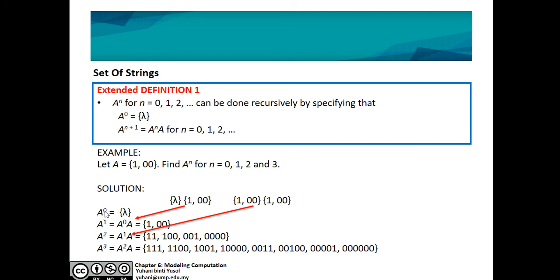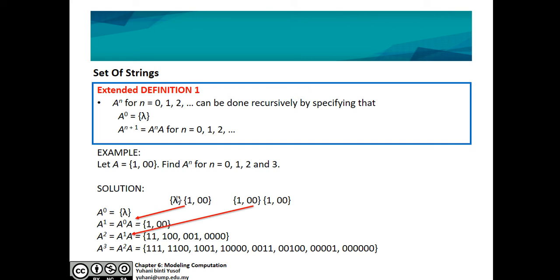So A0, for all power of 0, is the empty set, or we denote it by lambda. A1 is actually A0 concatenated with A. What is A0? Empty set. What is A? A is the set {1, 00}, so the answer is 1 and 00.